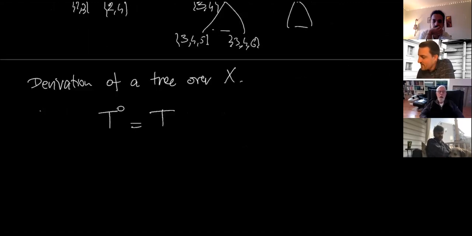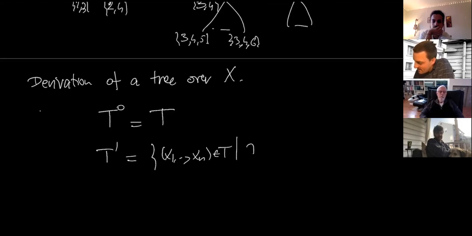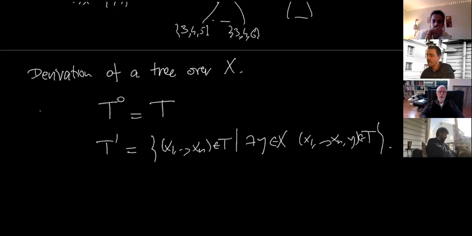So first, T is a tree over X, say, so T0 is going to be T. And then for the derivative of the tree, I'm going to keep the finite sequences that can be extended, which means that I'm removing the maximal elements.